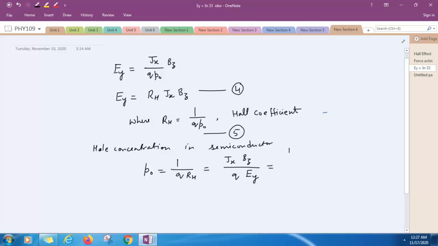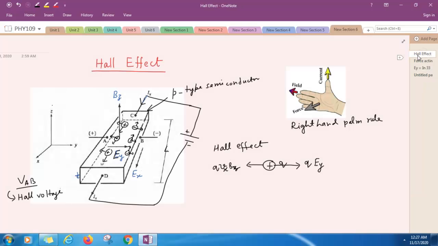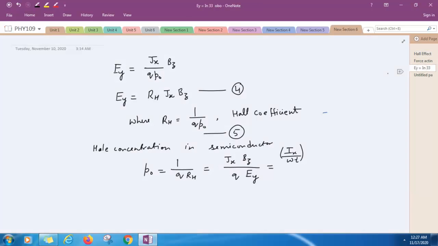Okay. Now how can we calculate this current density? Current density you can calculate Ix divided by W into T. What is W into T? You can see in this diagram, this W and this T. What is this W and T? It is the area. So J is equal to I upon A into Bz divided by Q, charge of the hole, Ey.